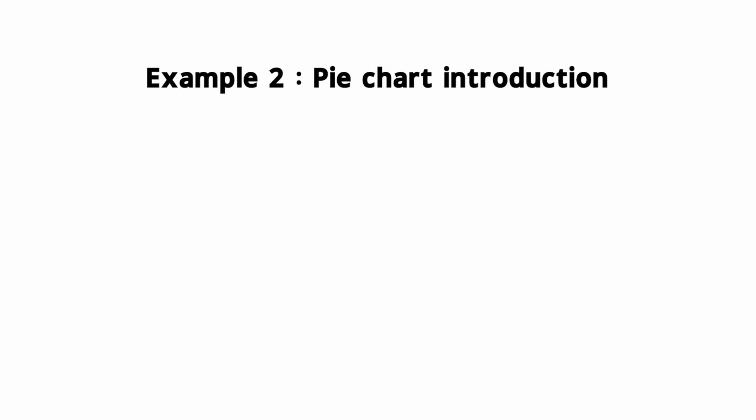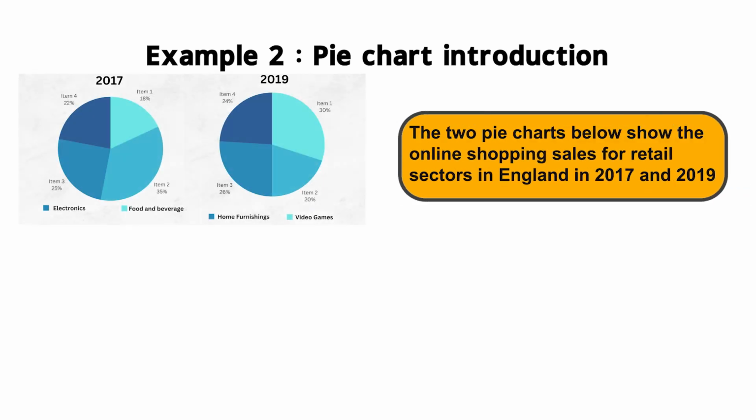Here is a second example of an IELTS Writing Task 1 question. In this task, you need to describe pie charts. Let's try to write an introduction for this task. As usual, we start by reading the question card. The two pie charts below show the online shopping sales for retail sectors in England in 2017 and 2019.